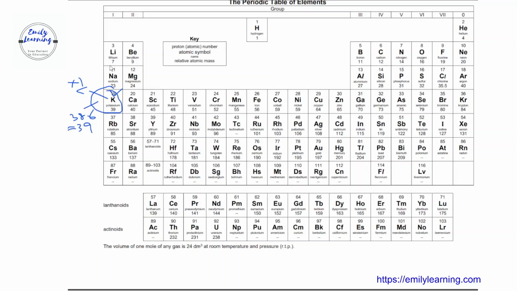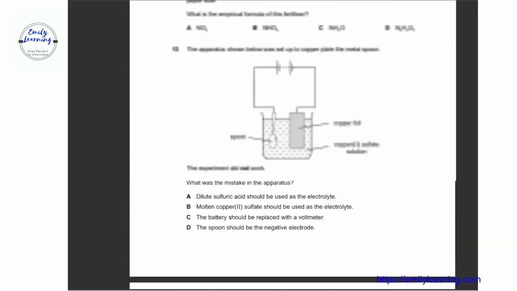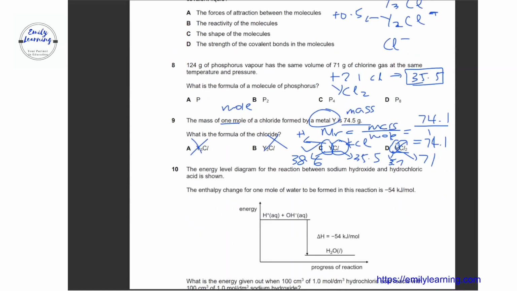We don't have one. It is very close to 4, which is helium, but helium is not a metal. The next closest is 7, which is a bit far off, and it is group 1, not group 2. So based on this, we can conclude that D is unlikely to be the answer, and the answer for question 9 is C.